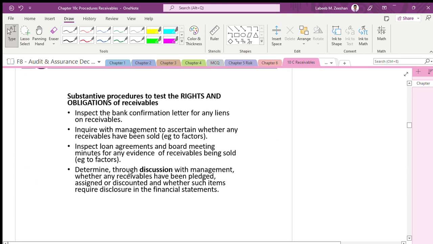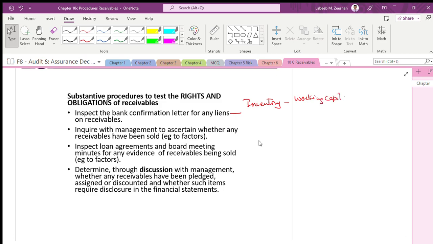Rights and obligations. Now, what are the rights and obligations? How will it work? See, companies have inventory. On the inventory, they will take a working capital loan. Understand the process.